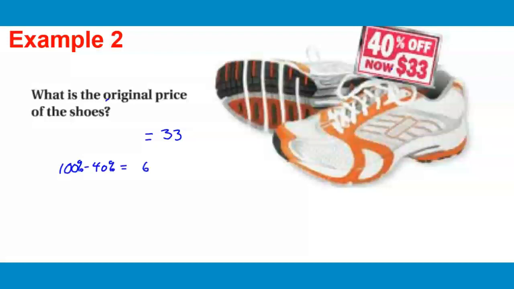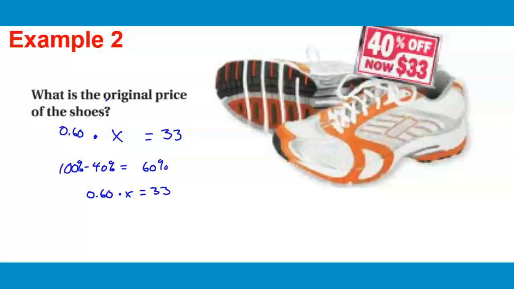But this is 60%. That means you didn't pay 100%. You had a 40% discount. So you only paid 60%. You paid 60% as a decimal, and of means multiply the original amount. And guess what? We don't know the original amount, so I put an X there. So let me rewrite this down here. 0.60 times X equals 33. So we know 60% of the original price came out to the sale price of $33.